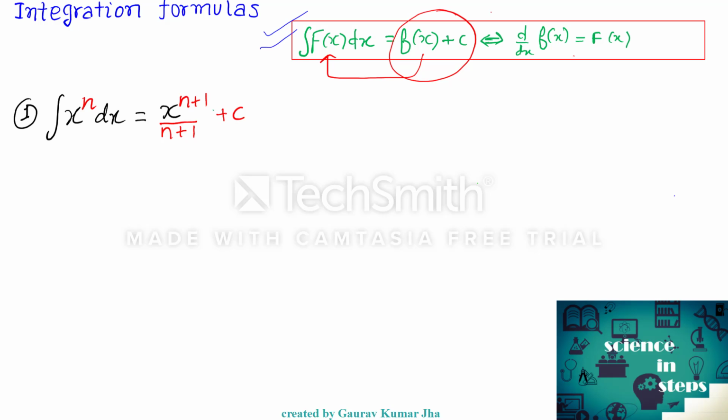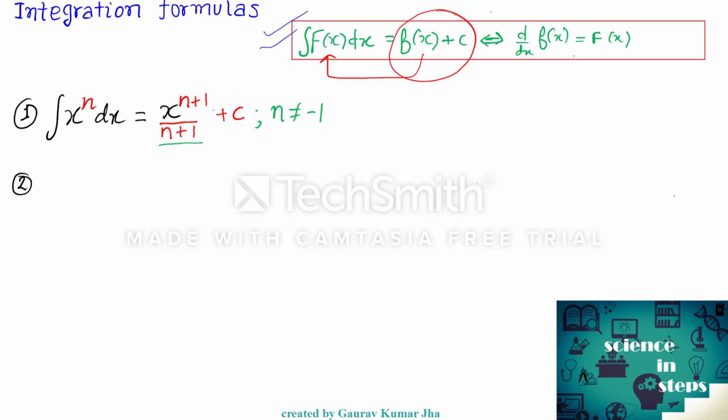Here you can see in the denominator there is n plus 1. What happens if n becomes minus 1? Then obviously we can't use this formula, as the denominator will become 0. So n should not be equal to minus 1. So what happens when n is equal to minus 1? Well, then it becomes x to the power minus 1, and that is actually 1 by x.